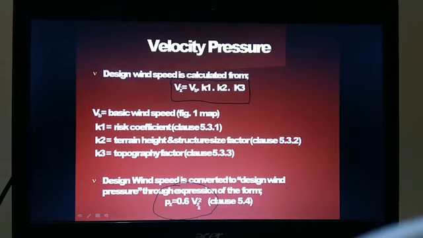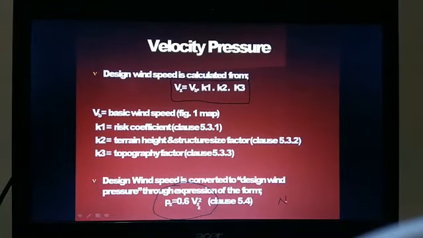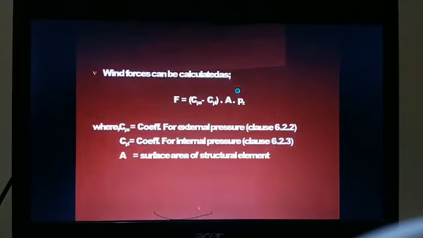Wind speed will be in meters per second, pressure will be in Newton per mm square, and force will be in Newton. These three formulas, velocity, pressure and force, are very important for competitive exams.